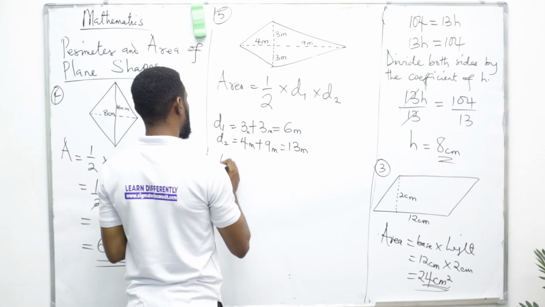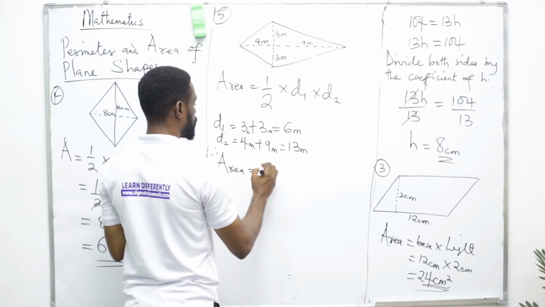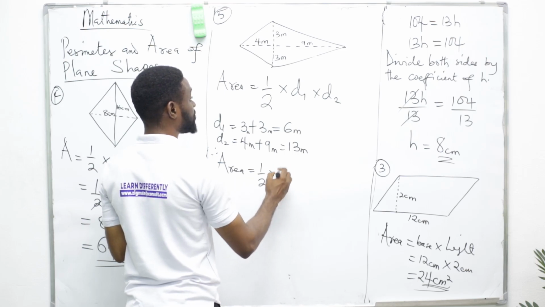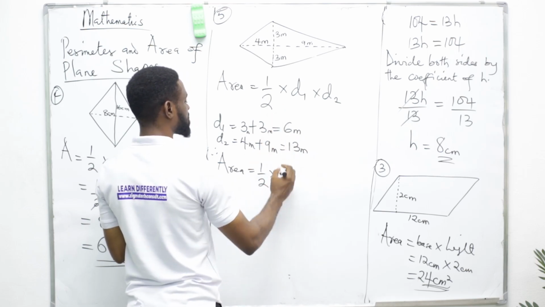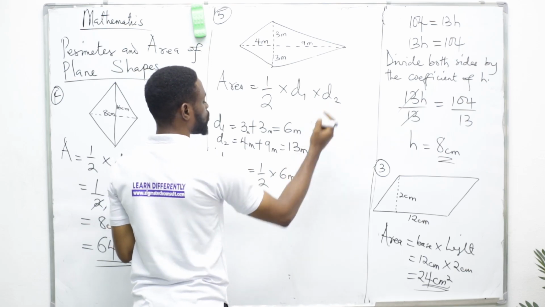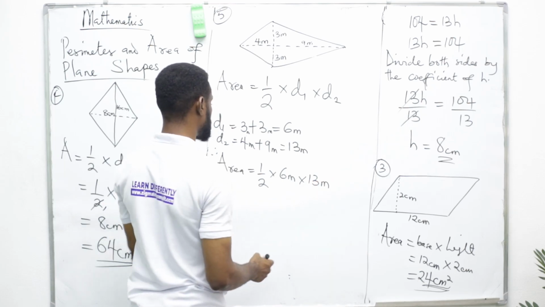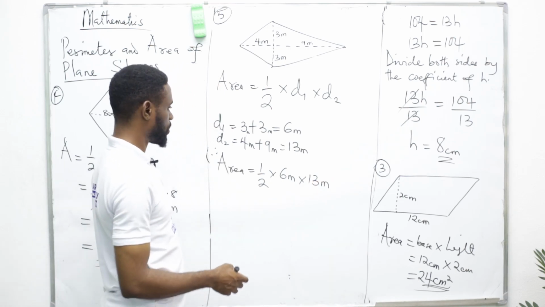All right, so area is equal to 1/2 times D1, which is 6 meters, times D2, which is 13 meters.